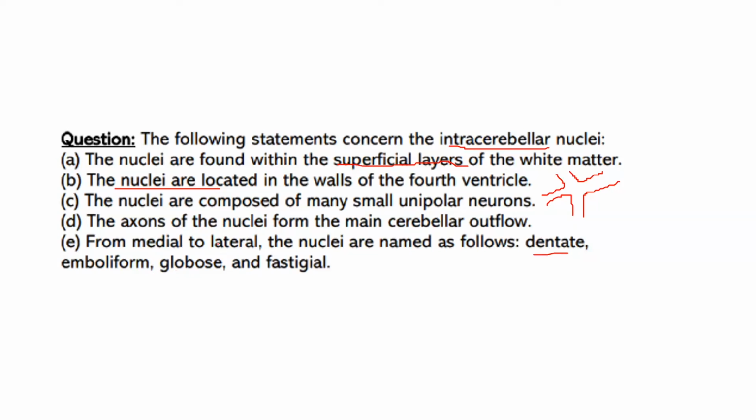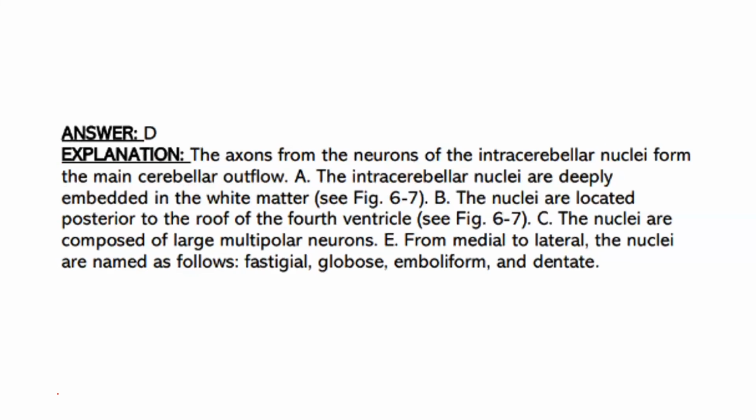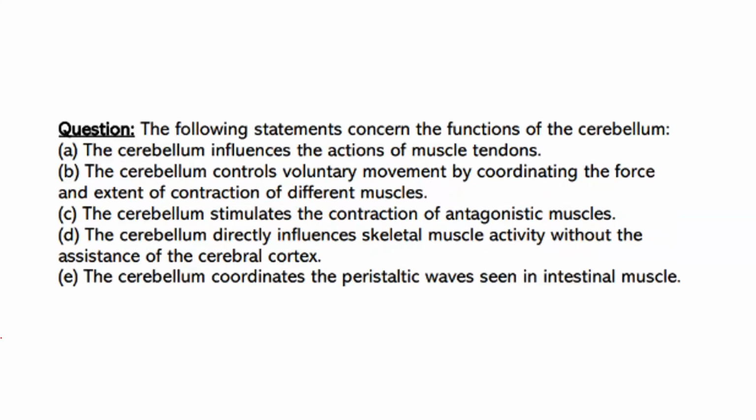It actually should be from lateral to medial. As you go in through the cerebellum, you're going to see the dentate, emboliform, globose, and fastigial, and you have the mnemonic of don't eat greasy foods. So as you go in, don't eat greasy foods. That's the answer there.